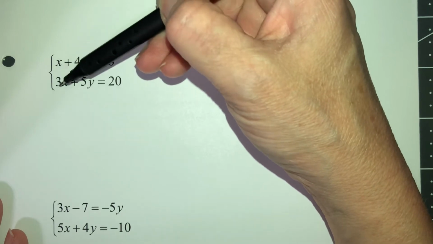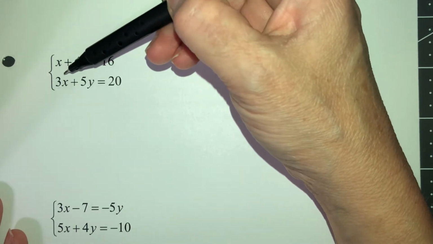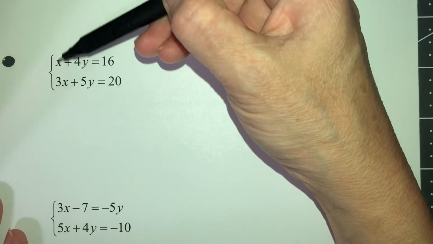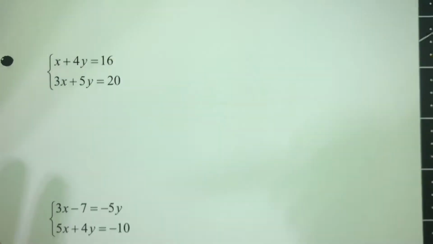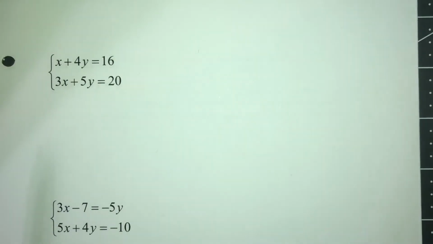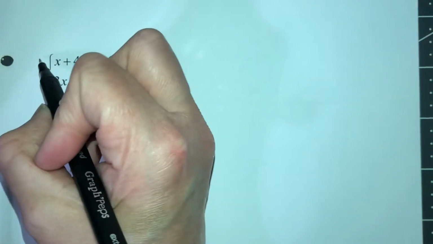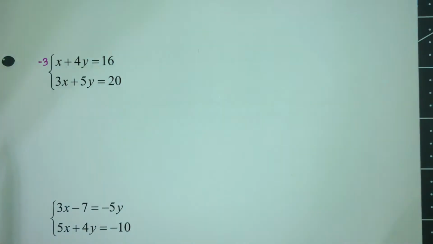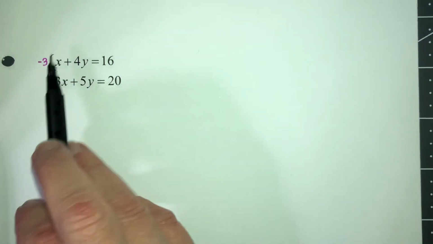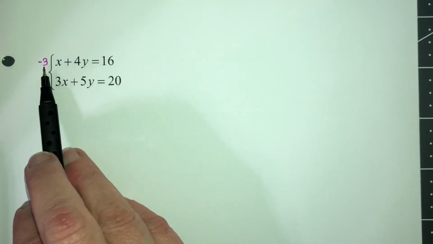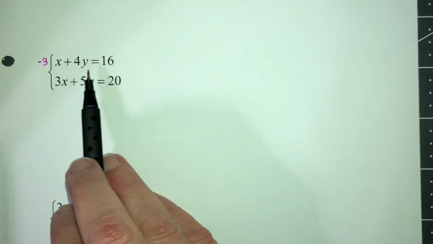Now, think about what we want to have happen. I want to have the same coefficient, but with the opposite signs. So this is a 3 here. What I really want to have here is a -3. Okay? So what I need to do is multiply this -3 into every single one of these.